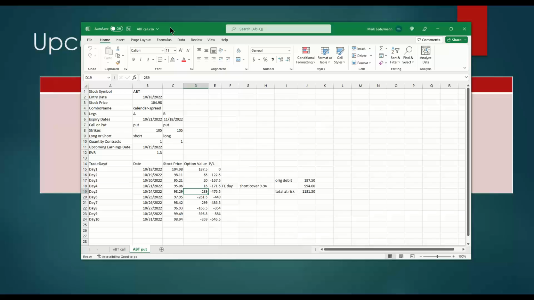And here are the results that are downloaded right out of the OSBTT. So I put the trade in OSBTT, and then I asked OSBTT to download the results to Excel. And so here are two trades. You see there are two tabs here.